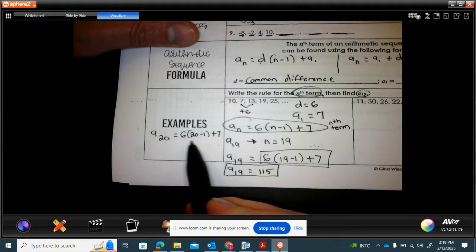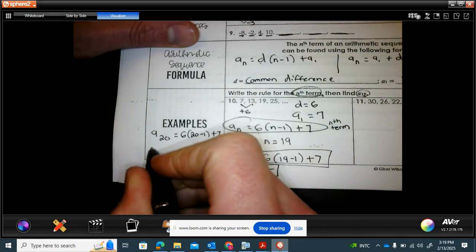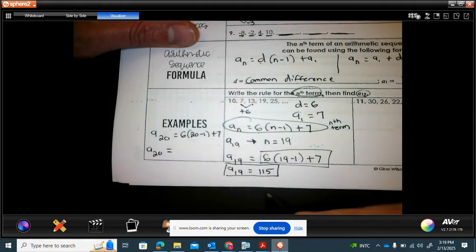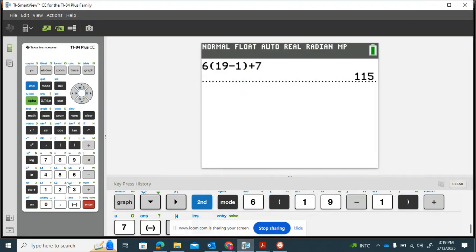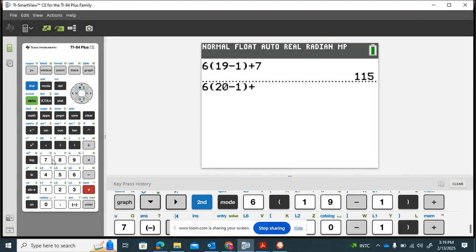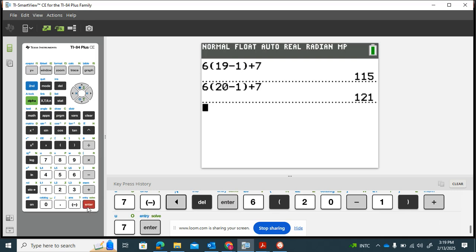So now if I type this into my calculator, it should give me the 20th term, which is just going to be 6 times 20 minus 1 plus 7, and should just be 121. Because again, we already knew that the 19th term is 115, so all we have to do is add 6 to get 121. Or again, you could use the formula.